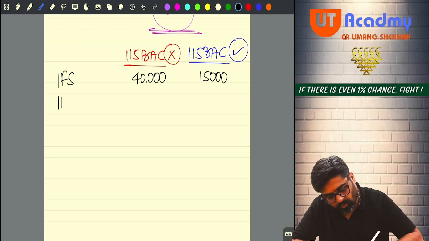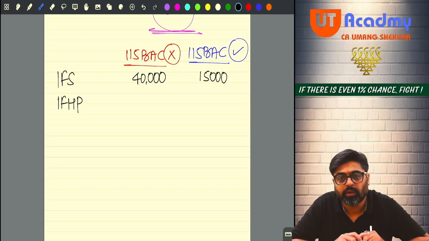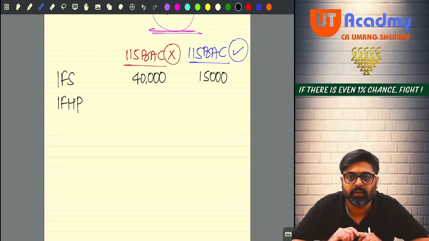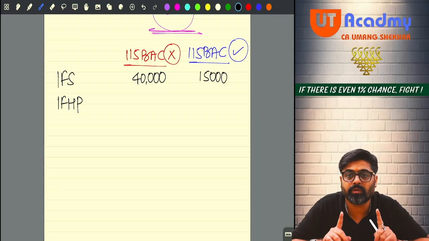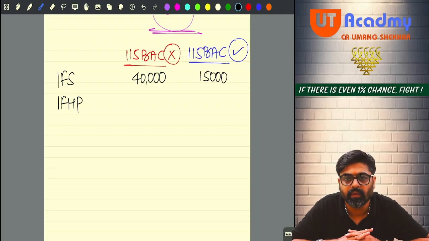Now income from house property. Do I have 27,000 GAV? 27,000 GAV? 2,000 rupees municipal tax paid in this year. Reduce. Municipal tax reduced, then NAV will be 25,000 minus 30% standard deduction, and there is no interest on housing loan. Will I get 17,500?